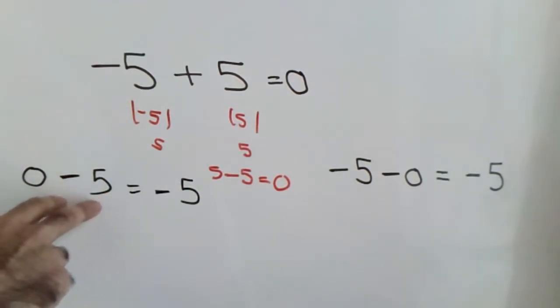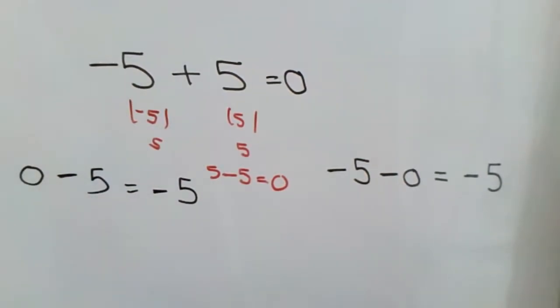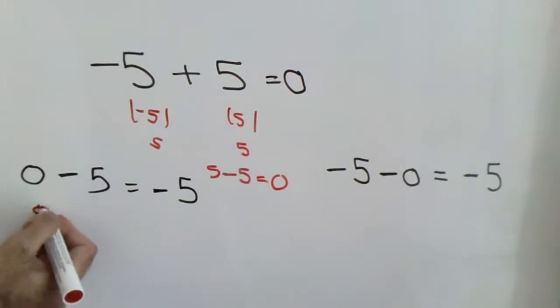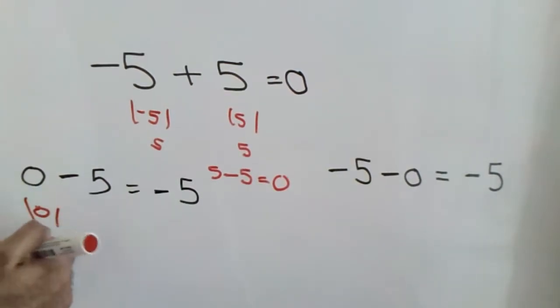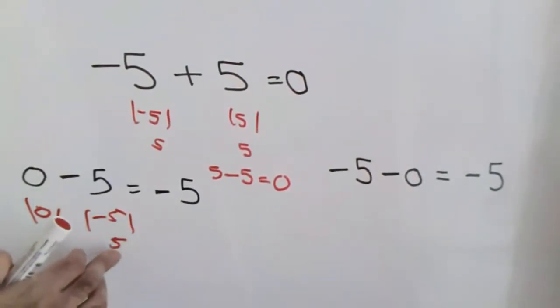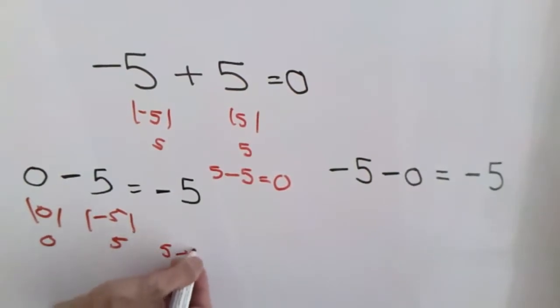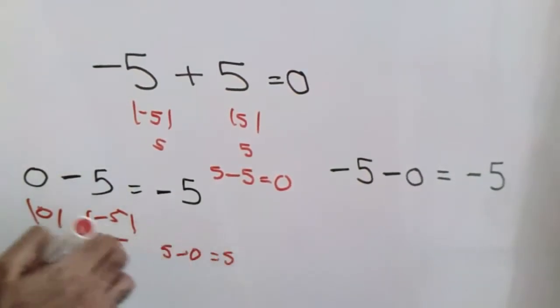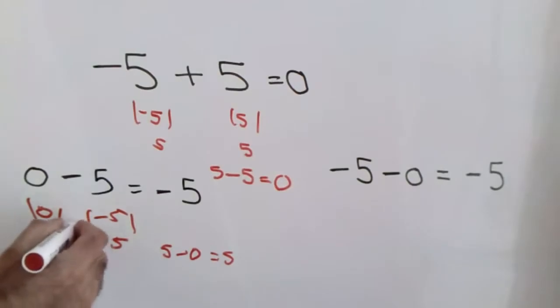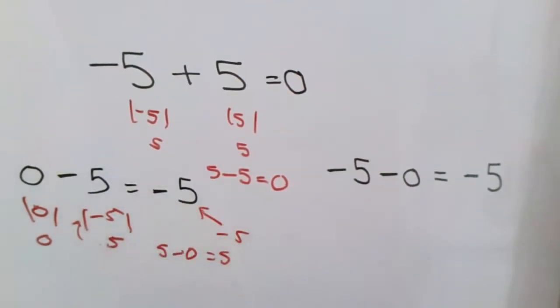You could do it this way: find the absolute values. The absolute value of 0 is 0, and of negative 5 is 5. You take away the smaller from the bigger, which is 5 take away 0 is equal to 5, and you keep the sign of the bigger, which is negative. So the answer is negative 5.